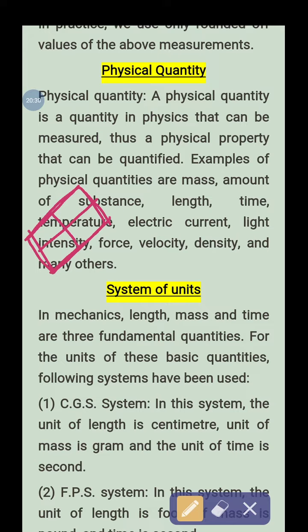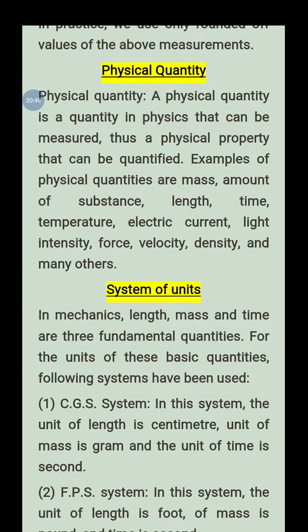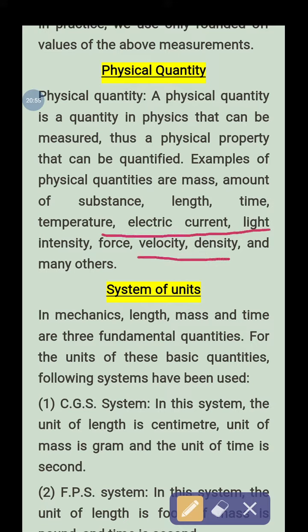So which quantity can we measure? Which have a physical property that can be quantified. Means it should have some physical property. For example, it should have mass, amount of substance, length, time, current, light intensity, velocity, density, and many other things which should have the physical quantity.